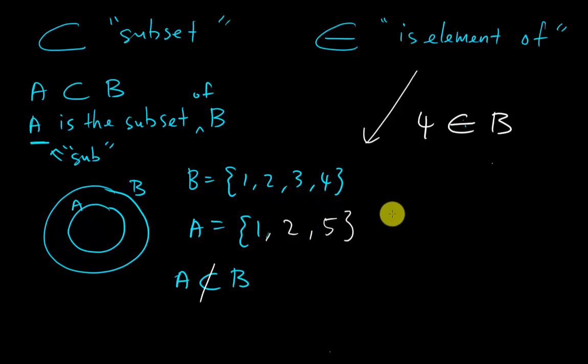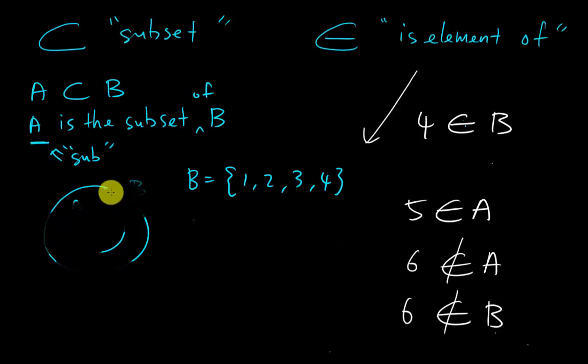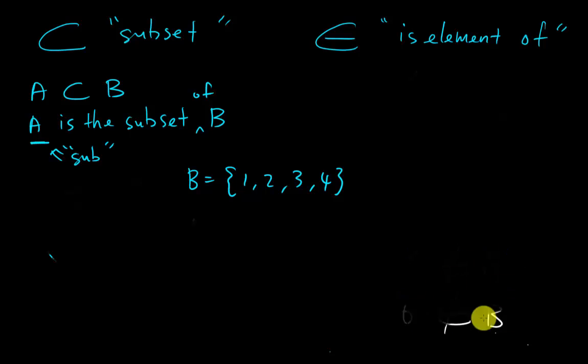In this case, I can say 5 is an element of A, because 5 is inside A. If I say 6, I can say it is not an element of A, and 6 is also not an element of B, because neither of them has 6. So you will need to understand the basic concept. Let me explain a little more about subset, because subset is quite important. Element of is very simple.